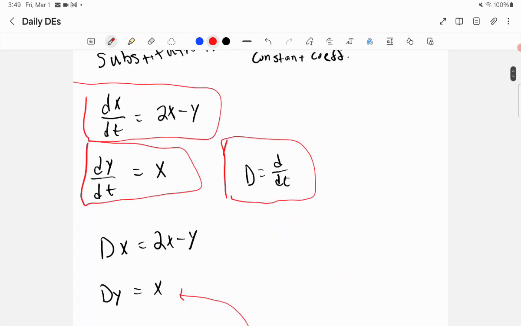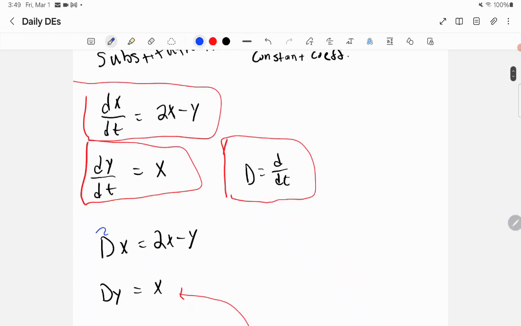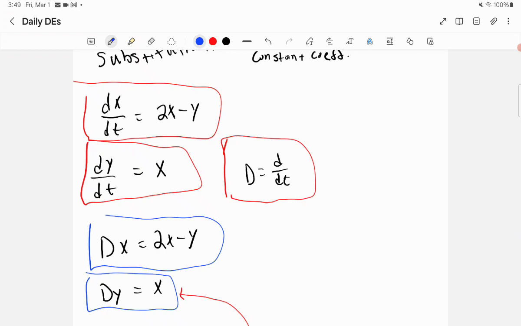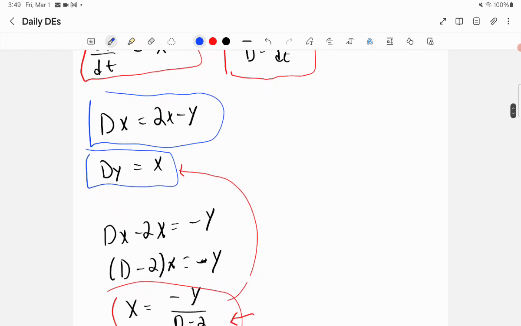So I'm going to write it in differential operator form first. Let's do that in blue here. Dx is equal to 2x minus y, and Dy is equal to x. Pretty simple. The beauty of using the differential operator is I can actually do regular algebra with it.